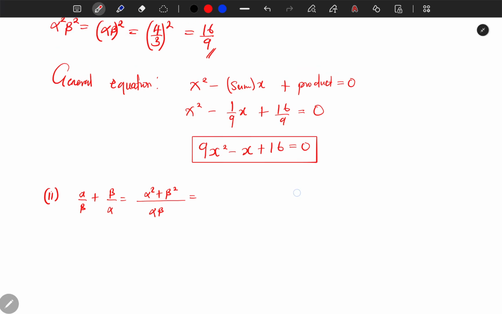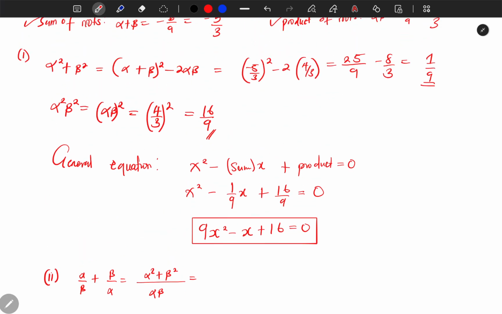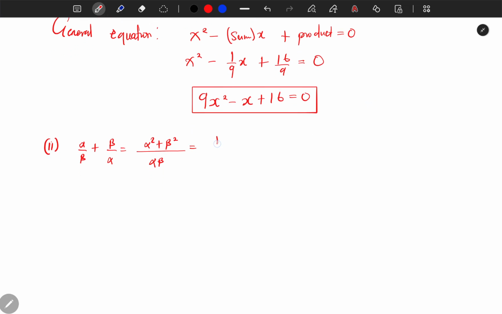Of course, this we already found as 1 over 9, over alpha beta, which is 4 over 3, to give us 1 over 9 multiplied by 3 over 4, to give us 3 over 36, and finally 1 over 12, because 3 can go into either of the sides.